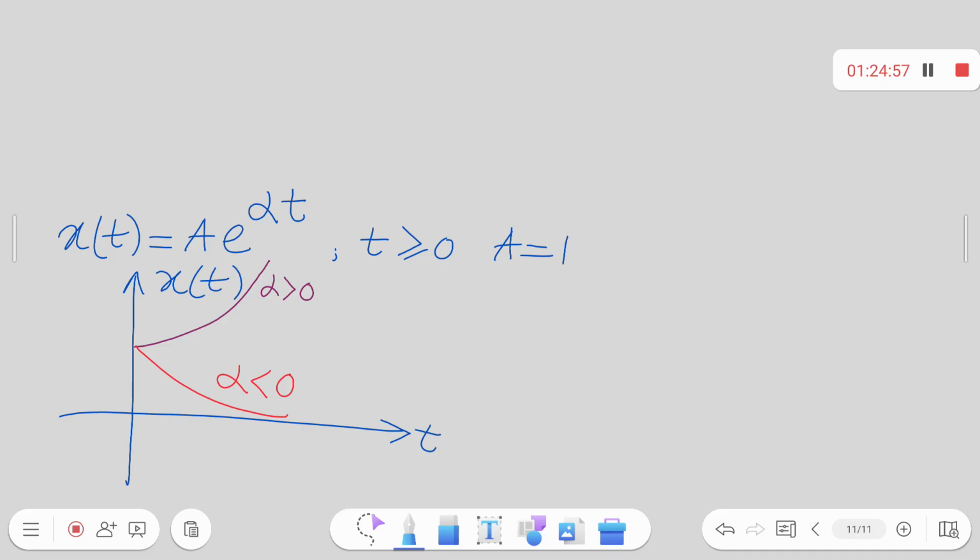In that case, if alpha is a complex number, say a plus jb, then the signal x of t that you are getting is not a real signal. You have the corresponding real part as well as the imaginary part. For example, let's consider x of t is equal to a e to the power alpha plus j beta t.